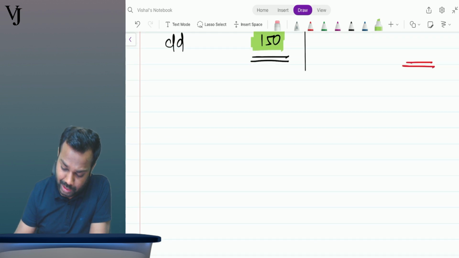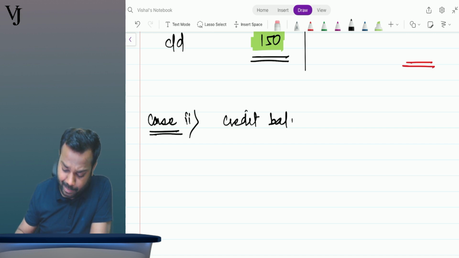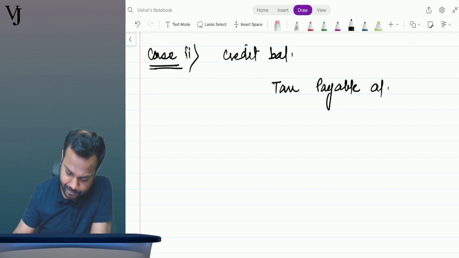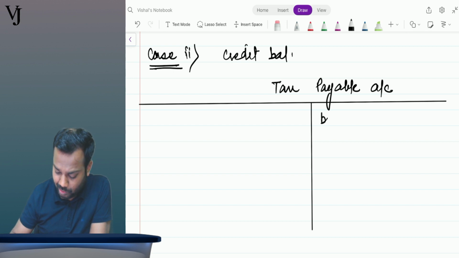Now, coming to the second case. Case number 2: if there is a credit balance. Again, tax payable account. Credit balance means it will come on this side. How much? 20 is the credit balance.